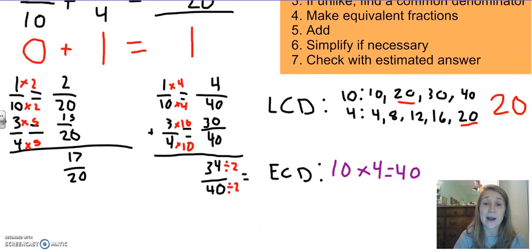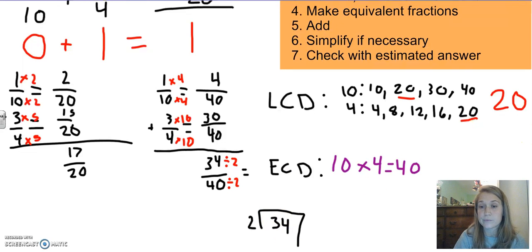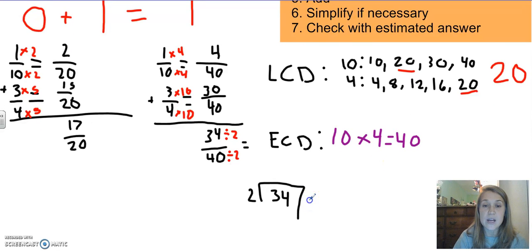34 divided by 2, I don't know off the top of my head, so I'm going to go down here and do a really quick division problem of 34 divided by 2. Well, let's see. I know that if I do 10 times 2 is 20. Subtract that out, and that gets me to 14.